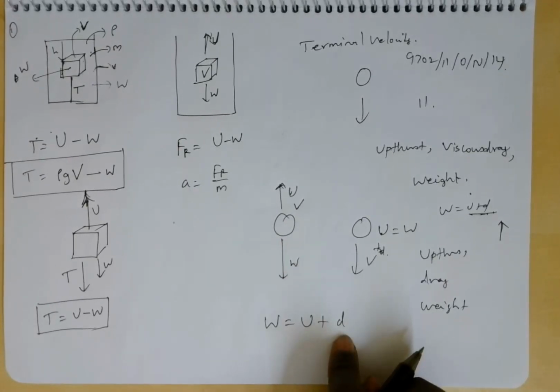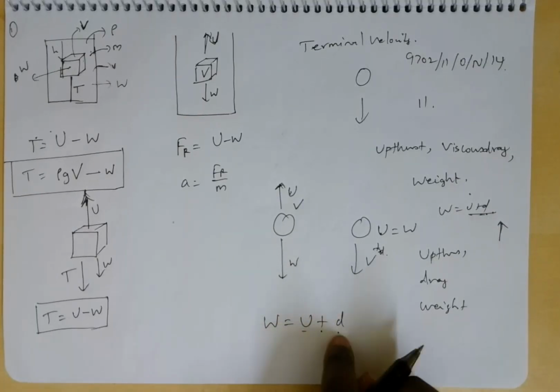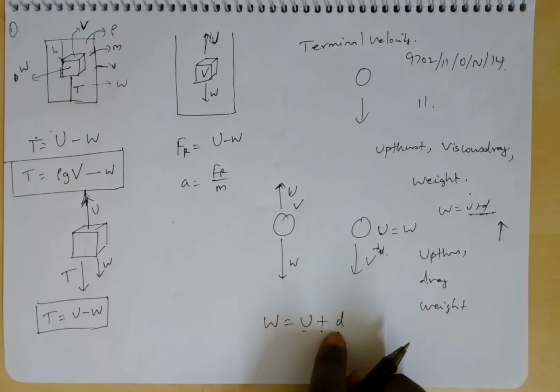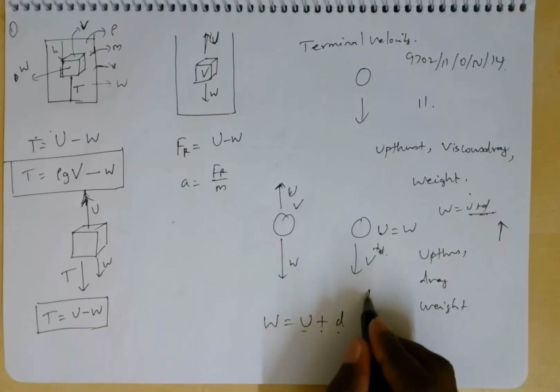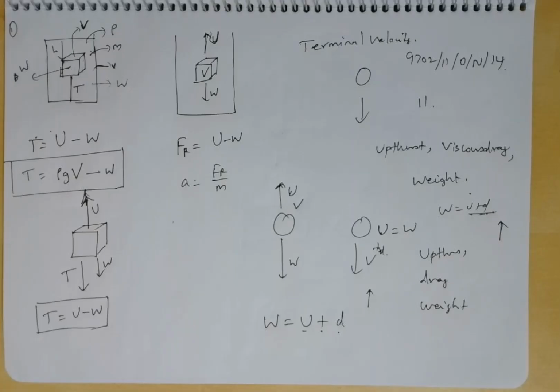Is it clear? If upthrust is higher than the drag, meaning that they work in opposite directions, the object would be going upward, but we are falling at terminal velocity. So the drag is higher than the upthrust.